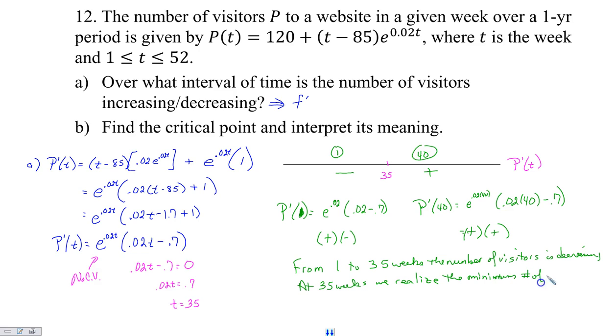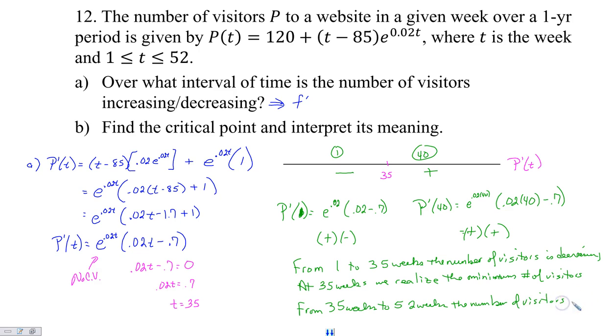And then from 35 weeks to the end of the year, or to 52 weeks, the number of visitors increases.